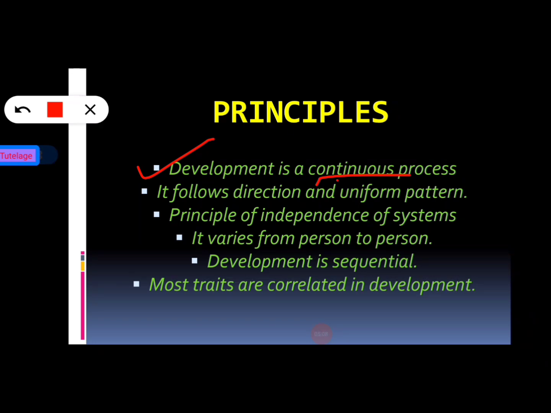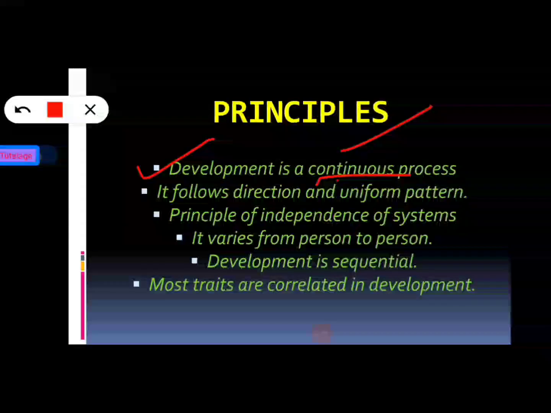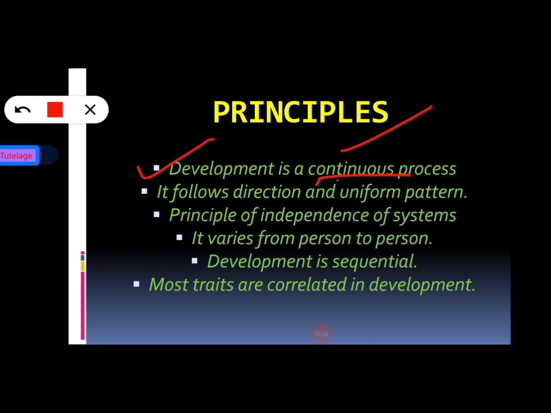So we all know development is a continuous thing, and it follows general to specific, proximodistal direction, cephalocaudal direction, etc. So that's why it is a continuous process from child to old age. Okay, so it follows a direction. We have already told development follows a direction and a uniform pattern in every human body.